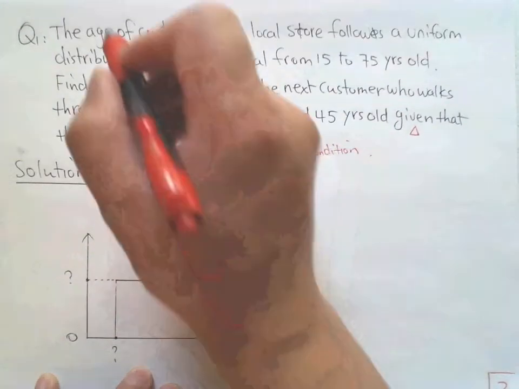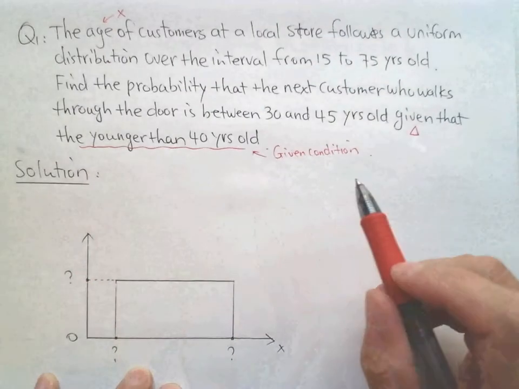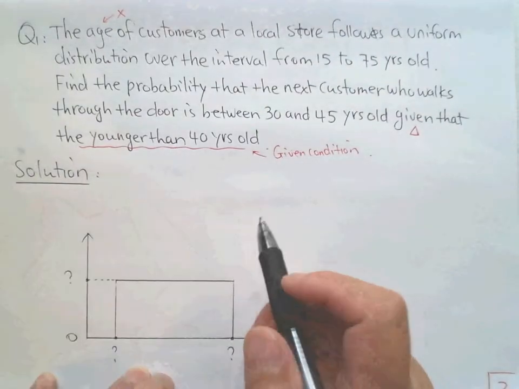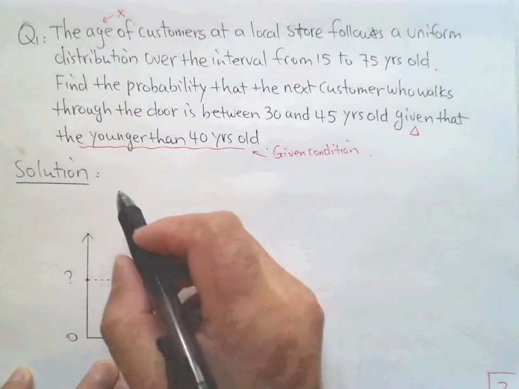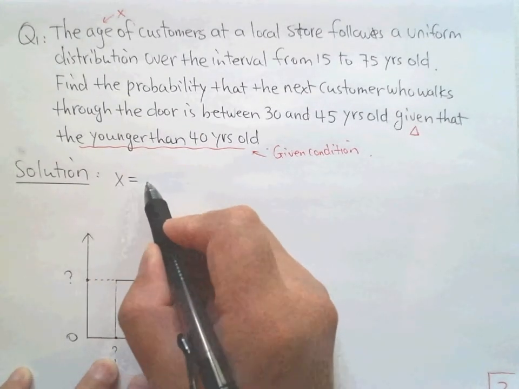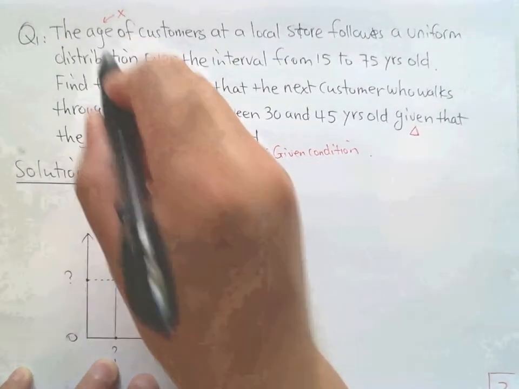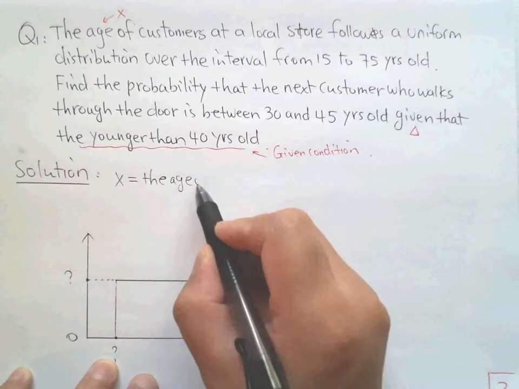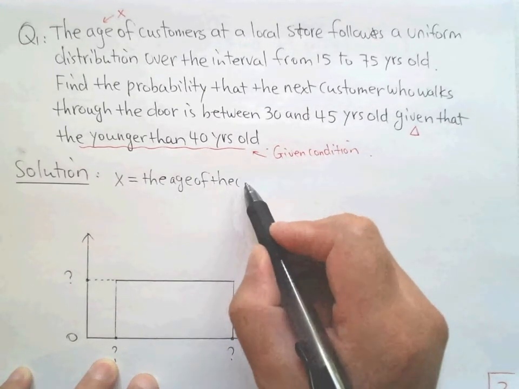Of course, it's the same, right? The age we say is x. First, we do the same as before: we set up the question into mathematics. So we say x is the random variable, the age of this customer.